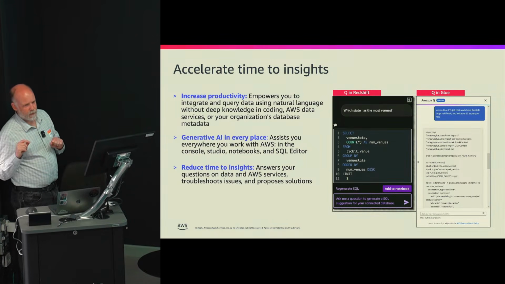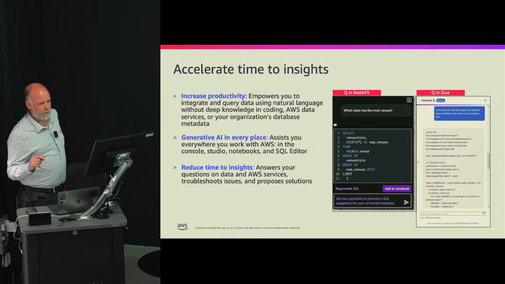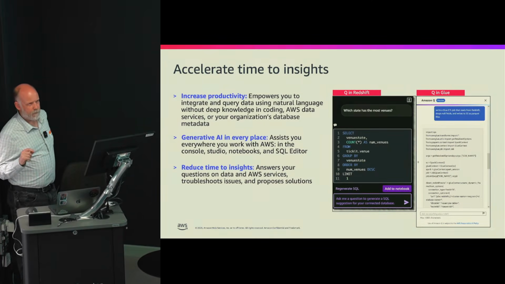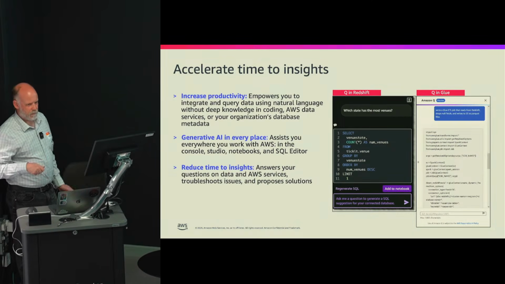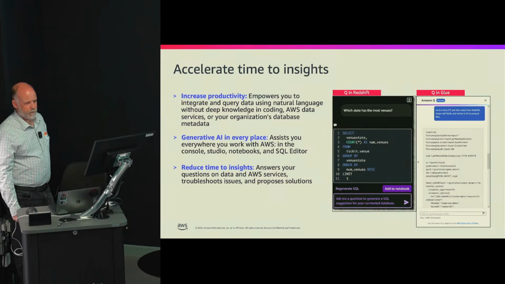With regards to the Redshift side of things, does it understand the context of your Redshift database before it actually writes that query for you? Does it actually give you an efficient query, or does it just give you a potential way that you could write the query, and you have to drop in the column names or the table names yourself?